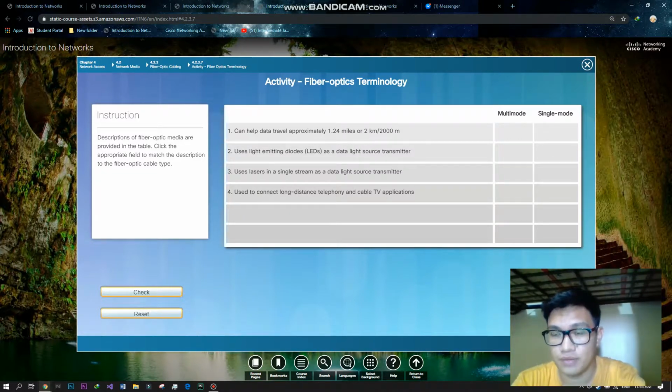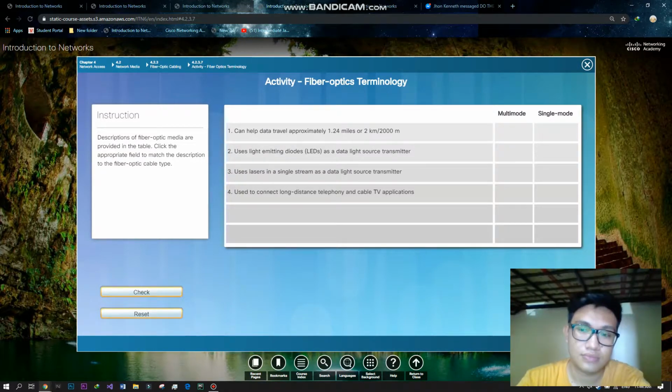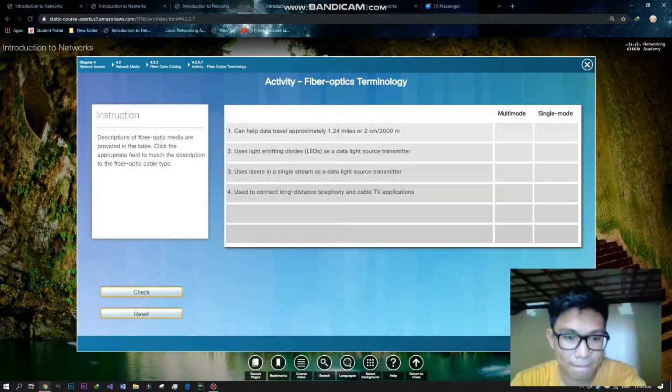So it is used in short distance transmission, because when you use this over longer distances, the data that will be transmitted tends to be dispersed. This phenomenon is known as modal dispersion.